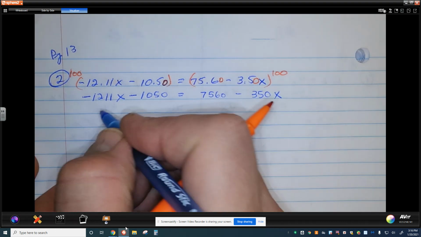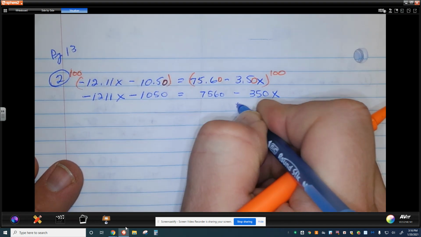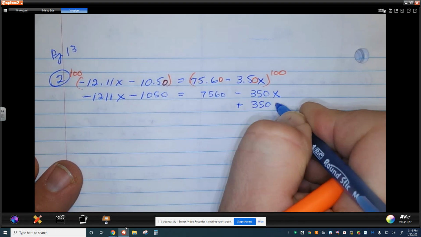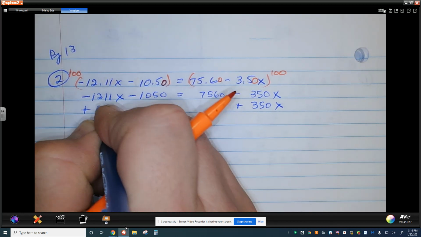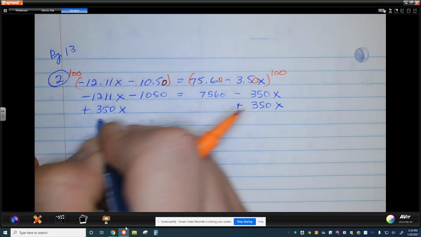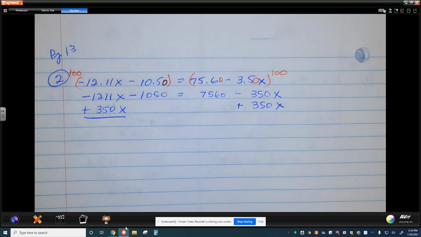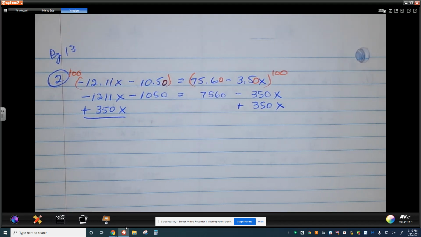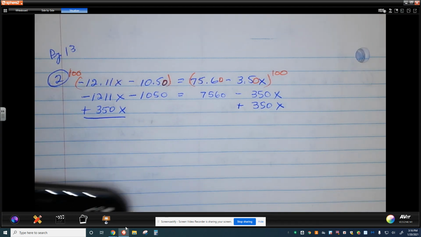For this one, I'm going to go ahead and bring my variable term to the left-hand side, 350 times x. So I'm going to add 350 times x to the negative 1,211. I'm going to go ahead and grab a calculator to make my computation a little bit easier.